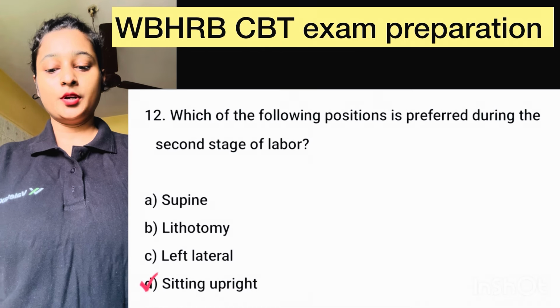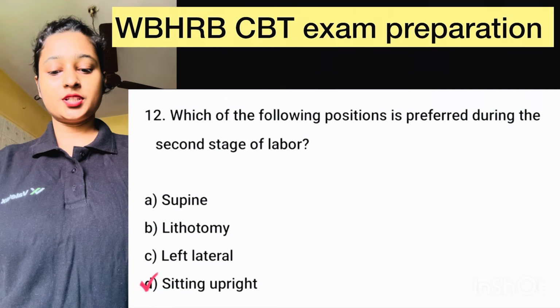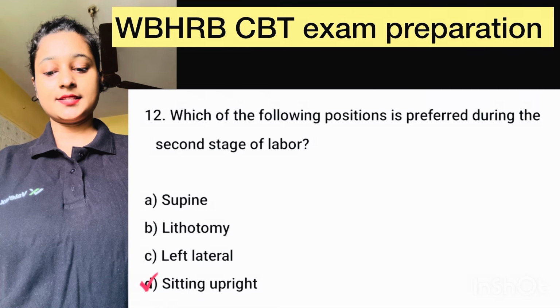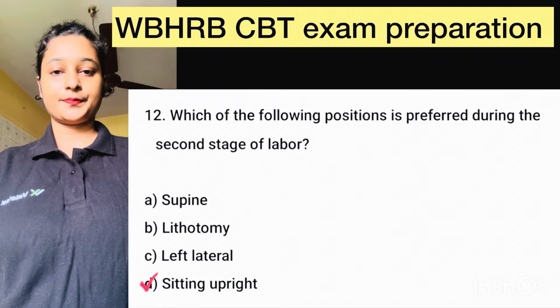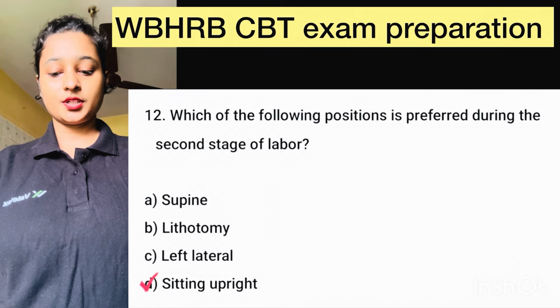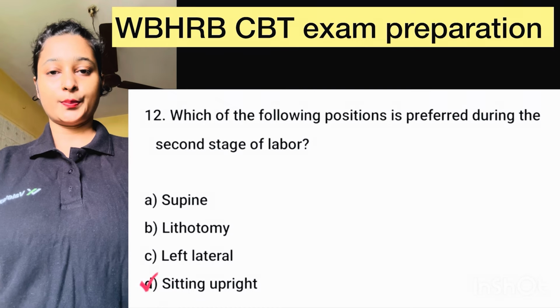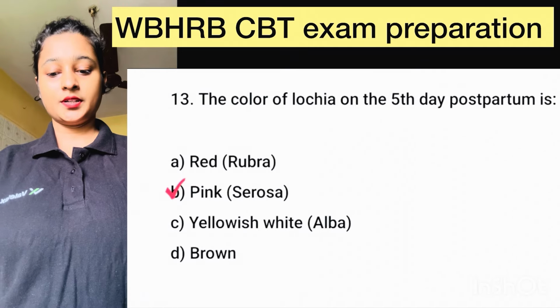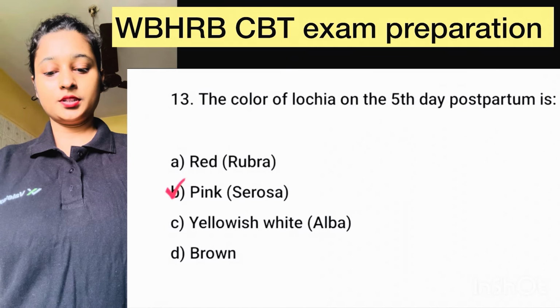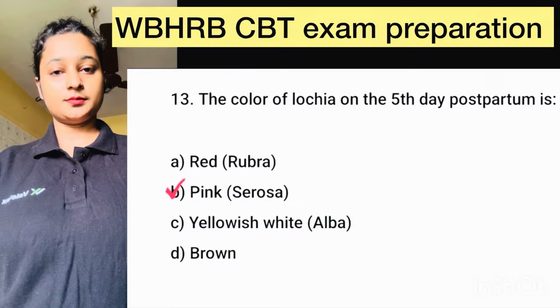Question number 12. Which of the following position is preferred during the second stage of labor? Here correct option is option D, sitting upright. Question number 13. The color of lochia on the 5th day postpartum is.